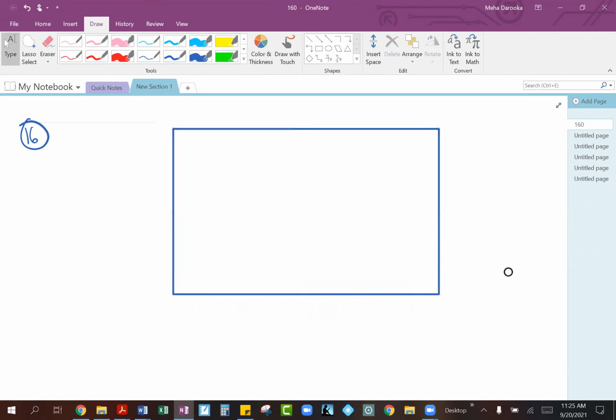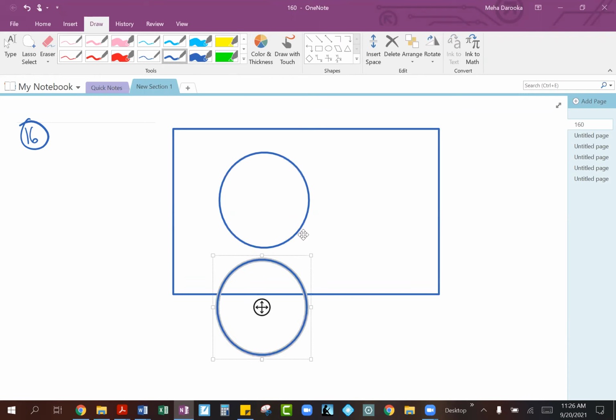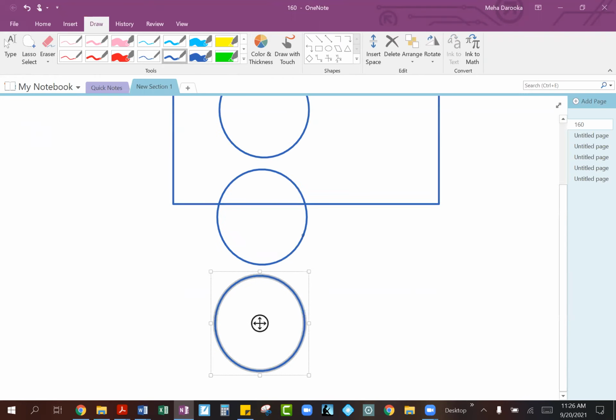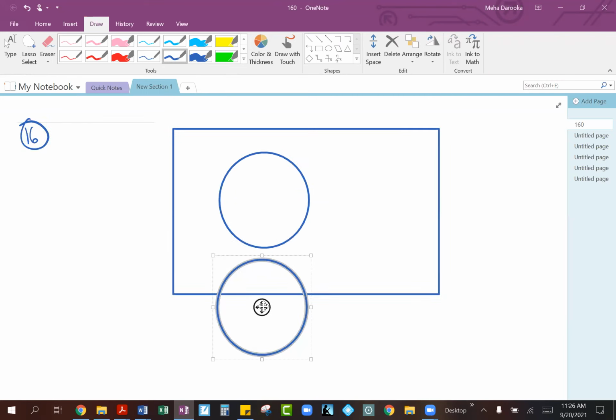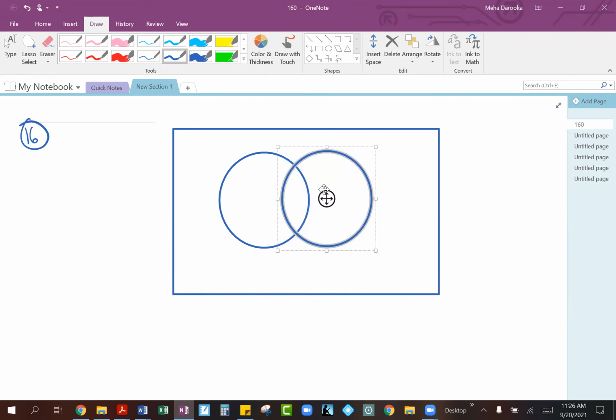This will be our universal set, and then we'll draw our 3 overlapping circles. Let's see if we can move these, and we'll do one more. So that's a general idea of what those 3 overlapping circles will look like.